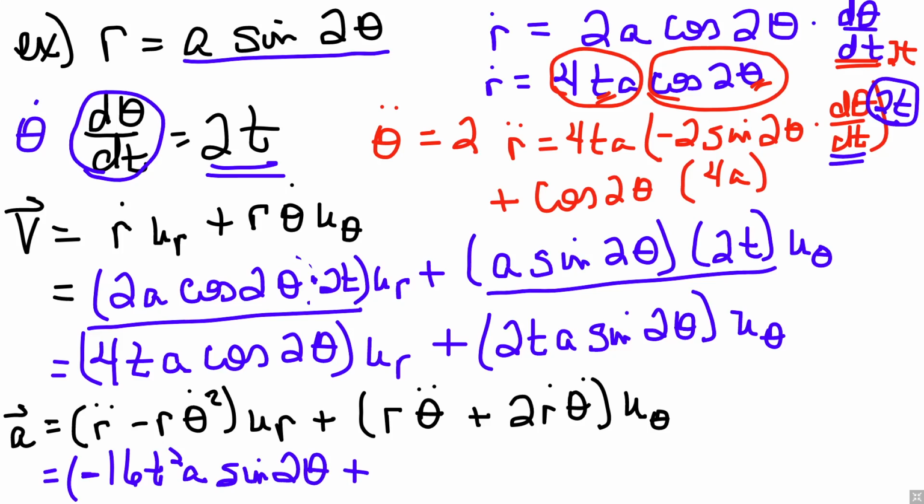Then we're going to have plus, for the other piece, 4a cosine of 2 theta. So that's what r double dot is going to be equal to.